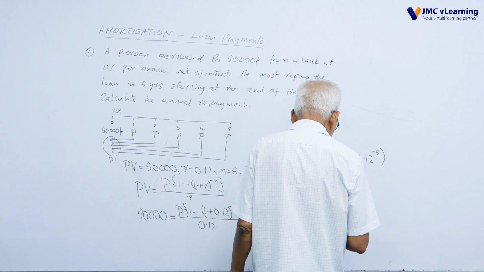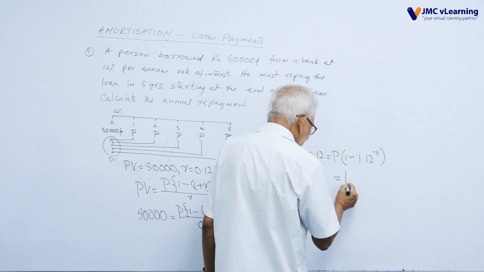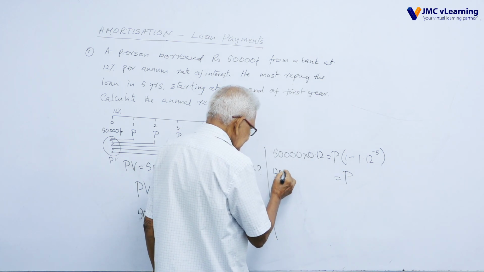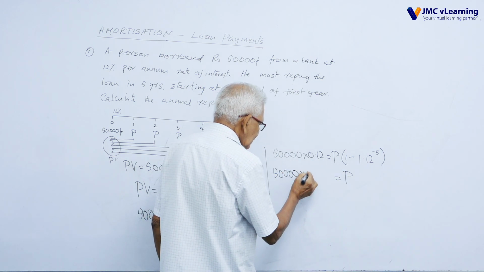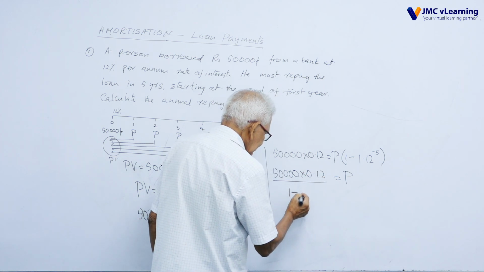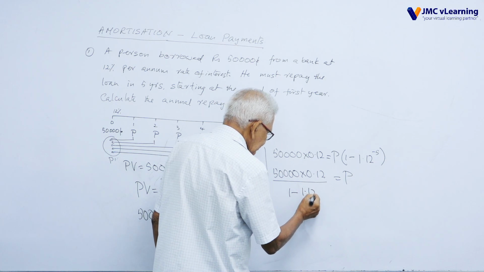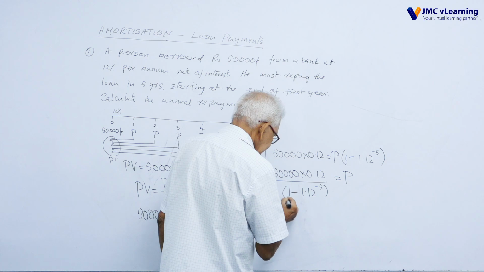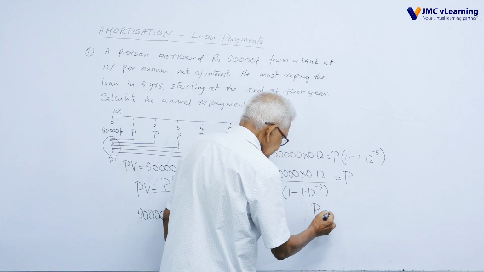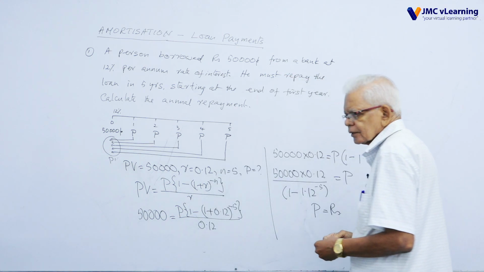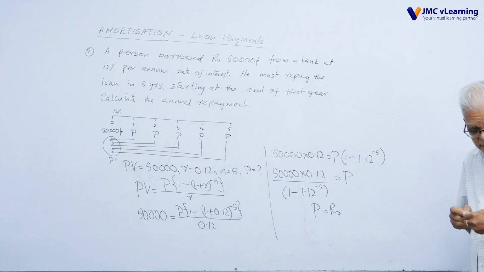P equals, divide by this, 50,000 into 0.12 over 1 minus 1.12 to the power minus 5. Take down all these things and see whether you can understand this.